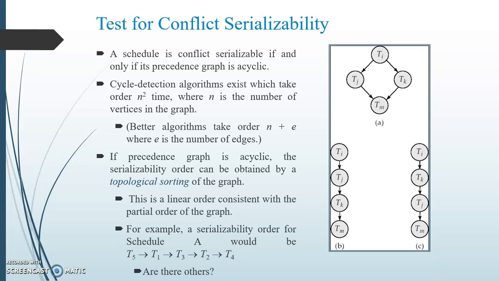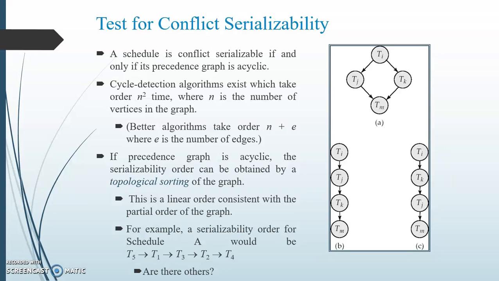Test for conflict serializability. A schedule is conflict serializable if and only if its precedence graph is acyclic. Cycle detection algorithms exist which take order of n squared time, where n is the number of vertices. If the precedence graph is acyclic, the serializability order can be obtained by a topological sorting of the graph.